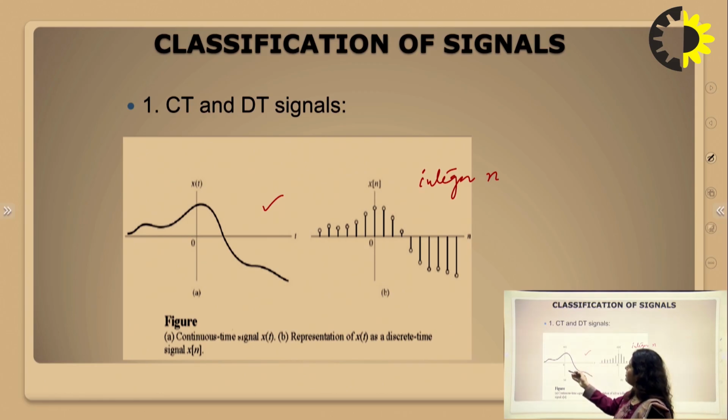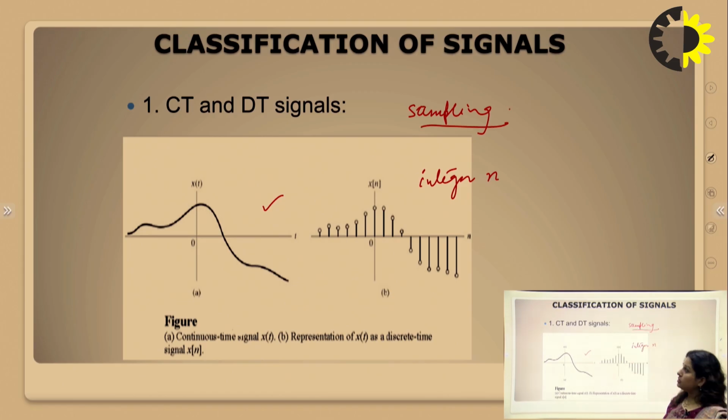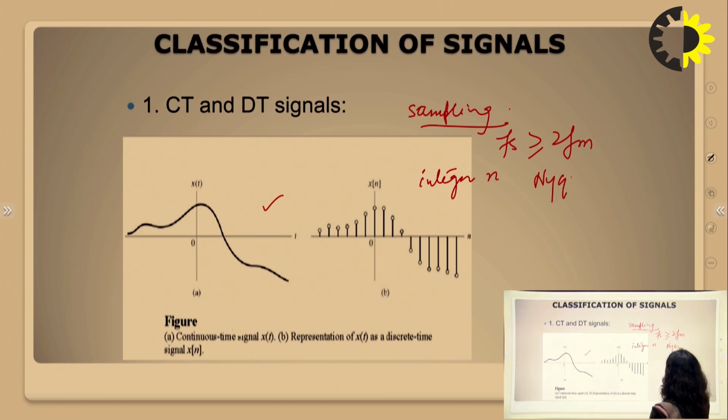You can go from a continuous to a discrete signal with the help of a particular theorem called sampling. We will discuss sampling in later lectures also. In this theorem, fs is greater than or equal to twice fm, which is known as the Nyquist criterion.